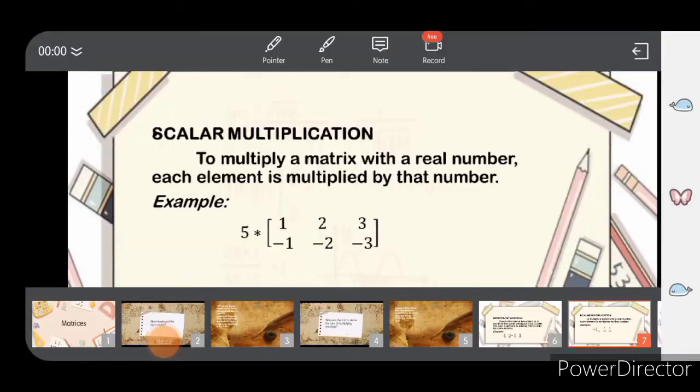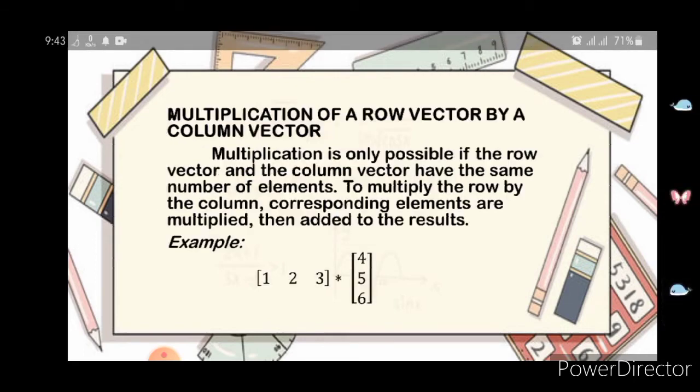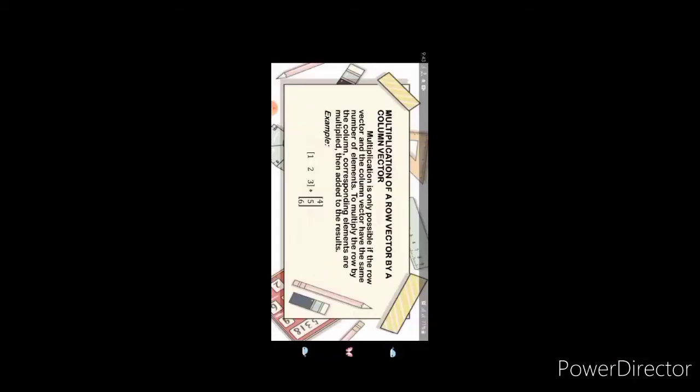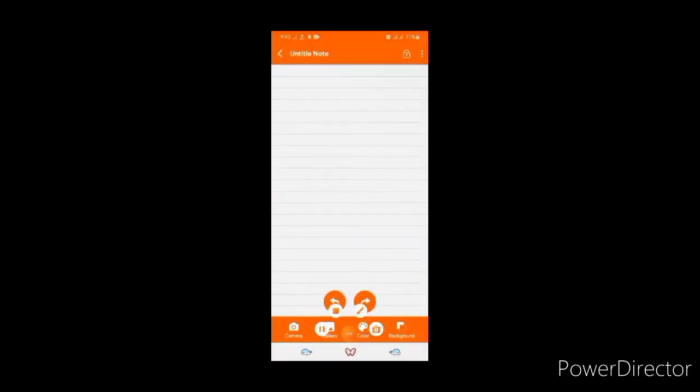Next is scalar multiplication. In scalar multiplication, all we have to do is to multiply the real number and a matrix, where each element is multiplied by that number. For example, we have a real number and a matrix.